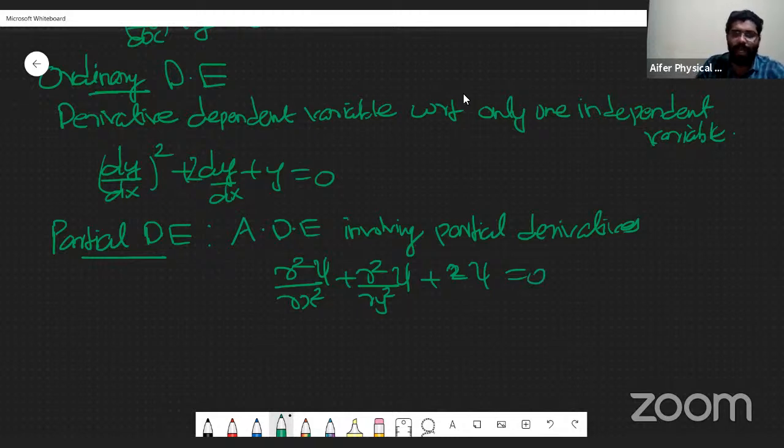Here psi depends on x and y, and we take the derivative with respect to x and y. So psi is the dependent variable, and the independent variables are x and y. There are two independent variables, so such differential equations are called partial differential equations. These are just classifications.